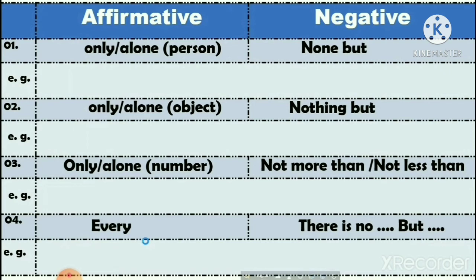And if there is every, we can change it into there is no, and after there is no we must use a noun, and after that we use but. Okay, now we see some examples.